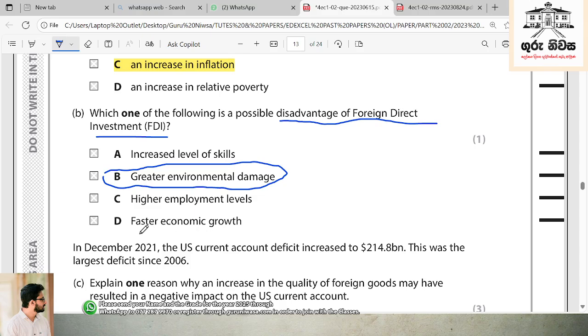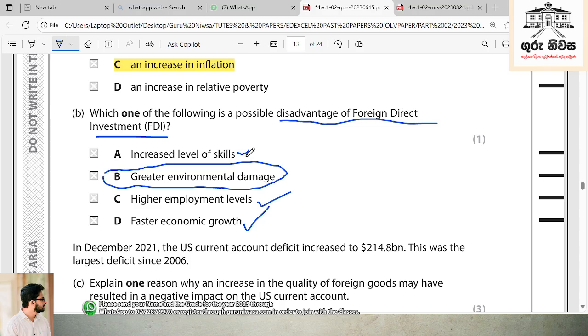Yes, sir. Okay. Fast economic growth. This is good, Lamai. Our economic growth can increase. Higher employment level. For example, how many workers in the Port City? New jobs created. Increased level of skills.